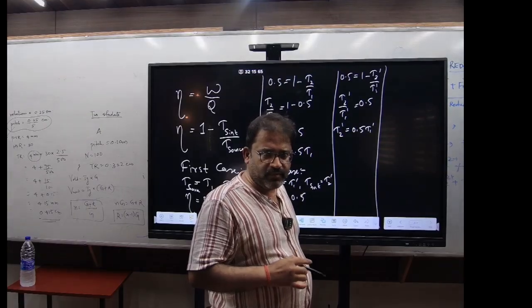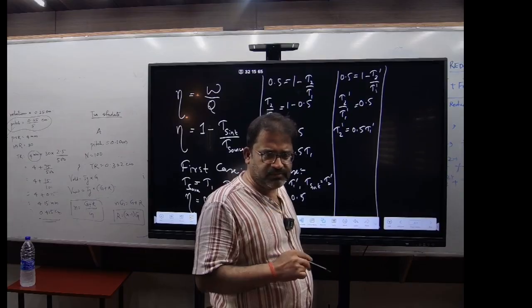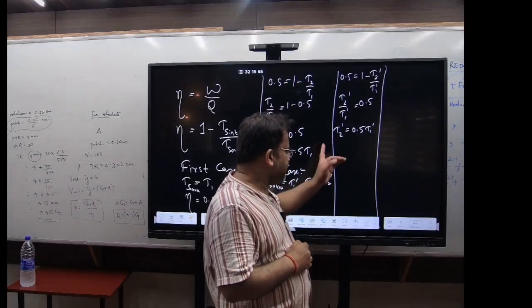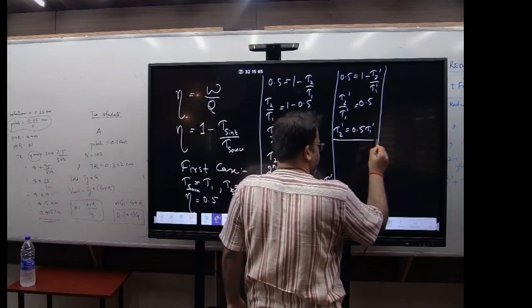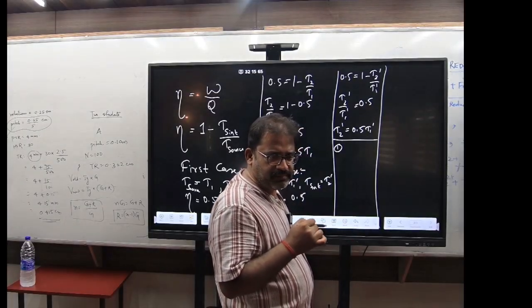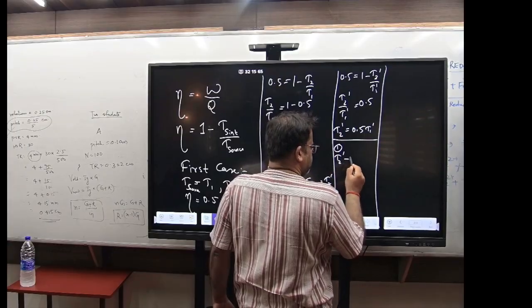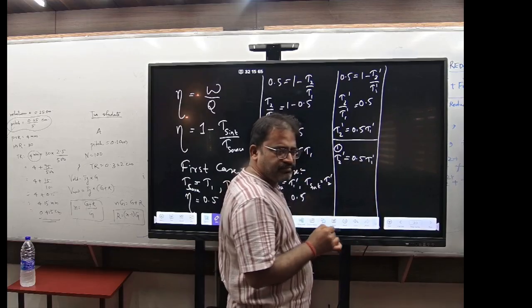We'll take all the options, we'll substitute all the option values so that we are going to get LHS is equal to RHS. So let's take option 1. In option 1, let me take this equation. This equation is T2 prime is equal to 0.5 into T1 prime.